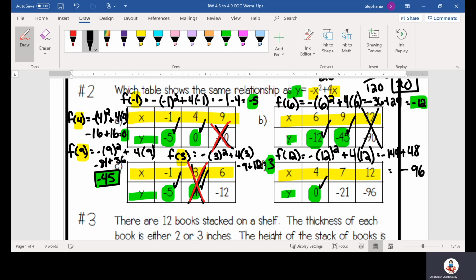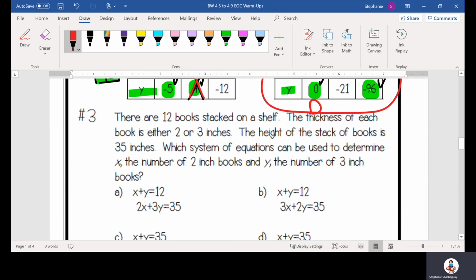So that means that this is incorrect because the outputs do not match. When my input was 12, my output was negative 96, not negative 90. So that means that this one is correct. It's the only solution that I have left. So answer D is correct. Lots of math on these. If you need to do your math on a separate piece of paper, I suggest it because I am out of room on this paper for sure.